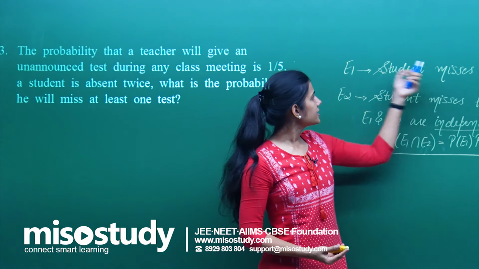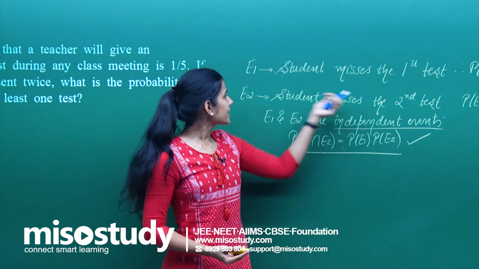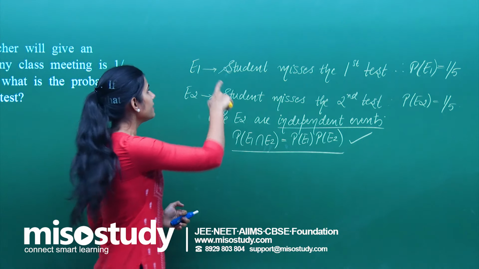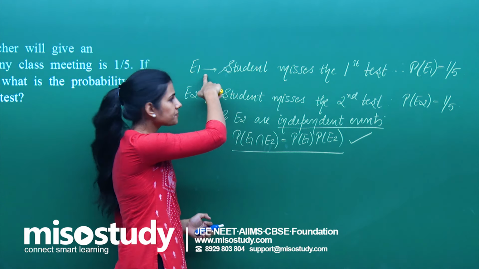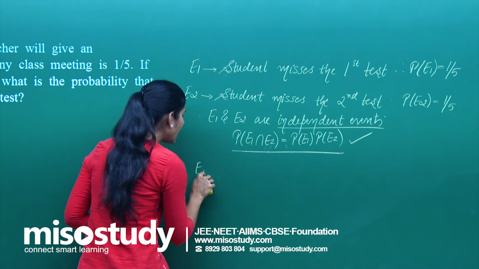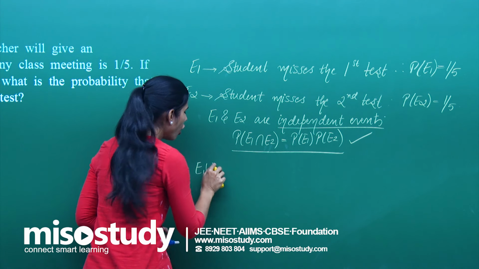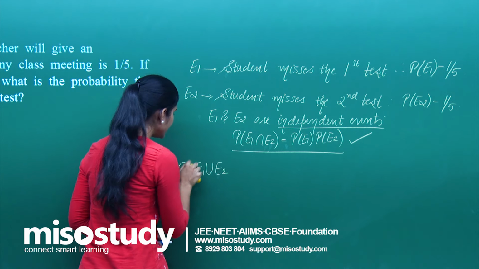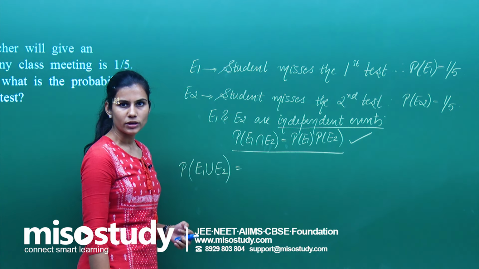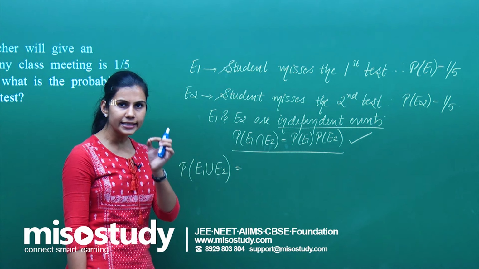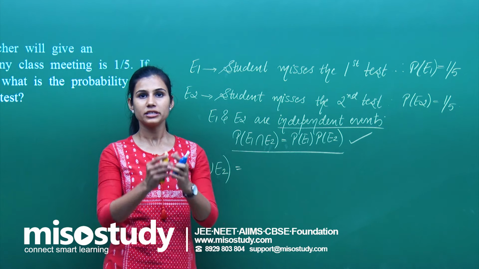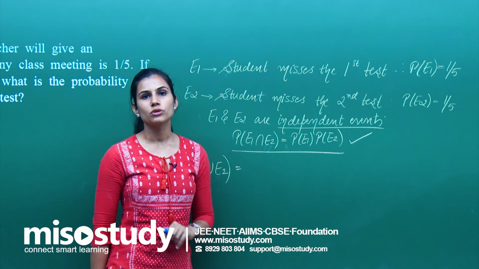He is missing the first test is event E1, he is missing the second test is event E2, so he will miss at least one test, means he will either miss the first test or he misses the second test. So either E1 occurs or E2 occurs is the event whose probability needs to be computed. Okay, so you need to correctly decode what is that event whose probability the question is indirectly or in statement form asking you to compute.